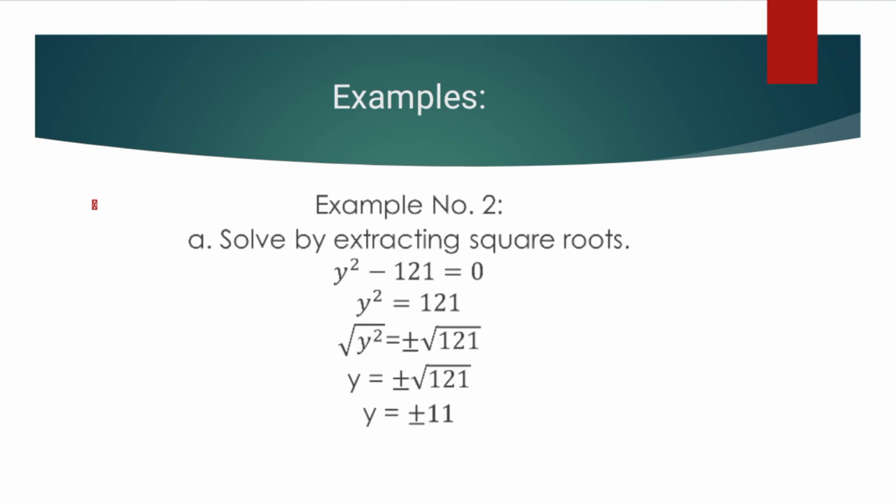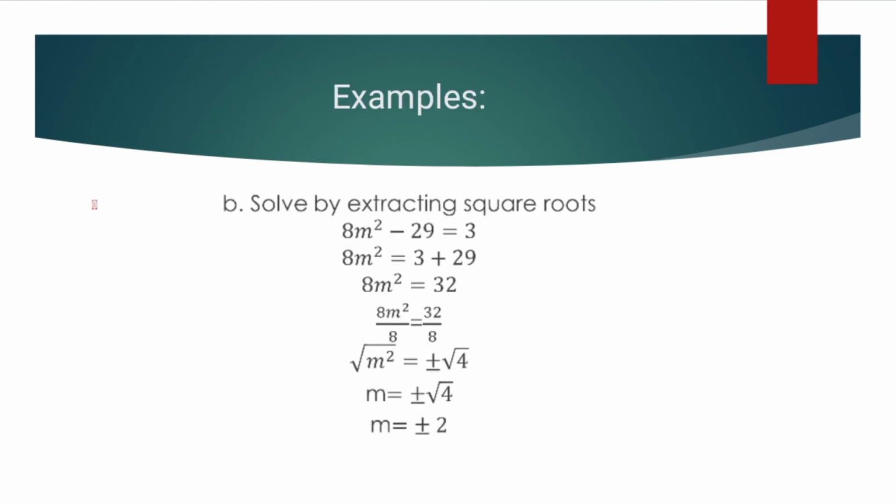Simplifying, that is, y equals positive or negative the square root of 121. Simplify and get the square root of 121, that is 11. So, the answer is y is equal to positive or negative 11.